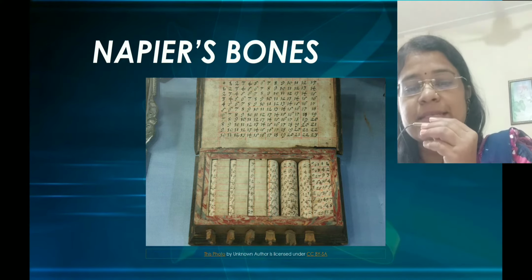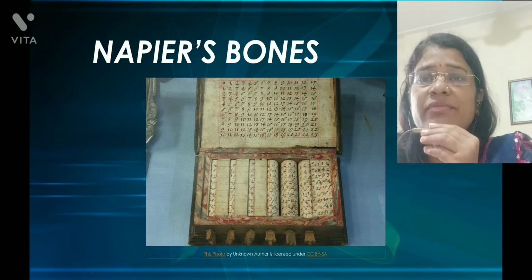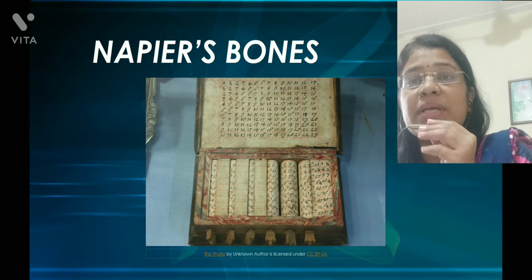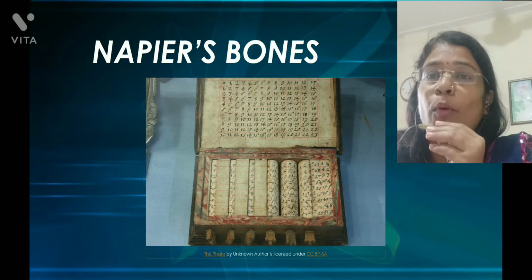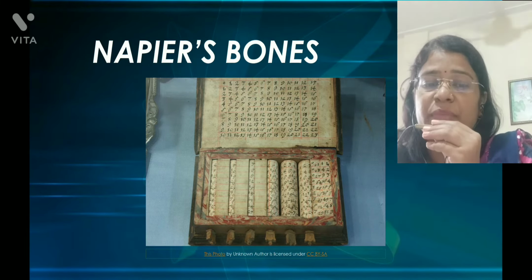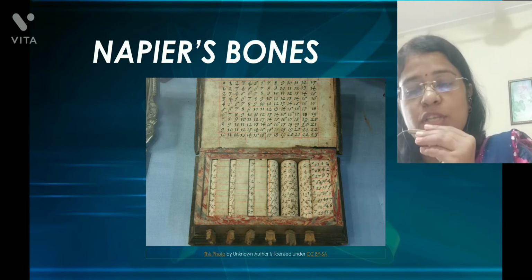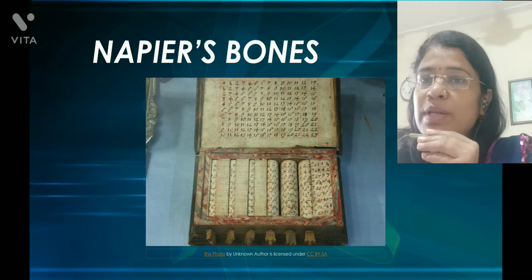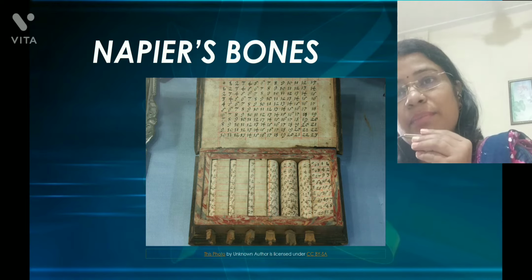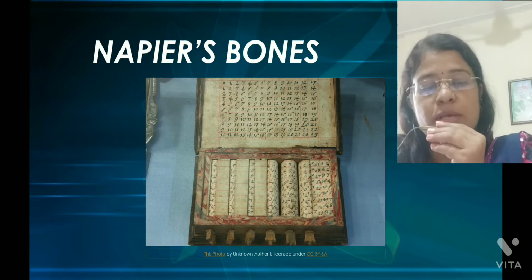In 1617, the Scottish mathematician John Napier built rectangular strips made from the bones of animals with which multiplications could be done, and that's why they were known as Napier's bones.